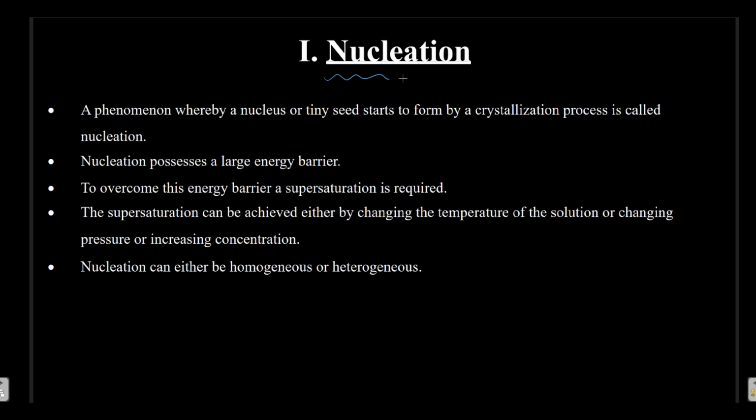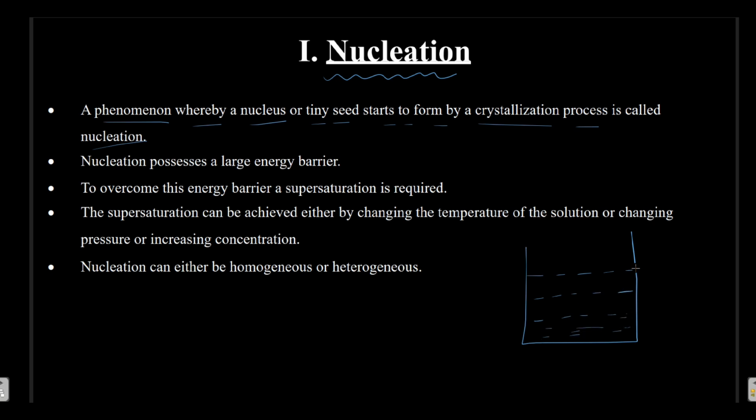So, first of all, let's understand about nucleation. A phenomenon whereby a nucleus or a tiny seed starts to form by a crystallization process is called nucleation. Suppose we take water in a beaker and we put some solid and dissolve it over here.